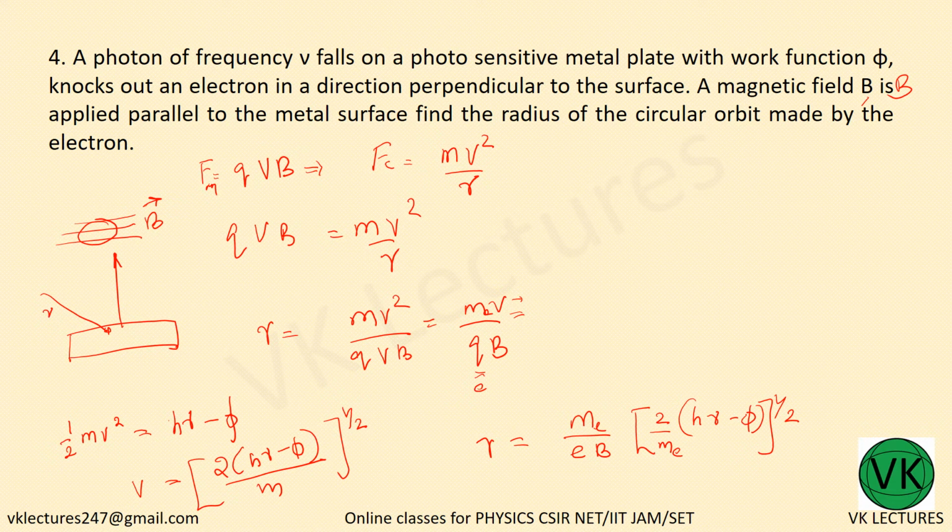So it becomes 1 divided by eB into 2 times m into h nu minus phi, whole to the power 1 by 2. This is your answer. This is the radius of the circular path traced by this electron.